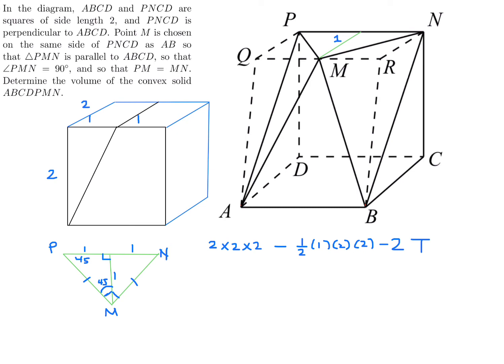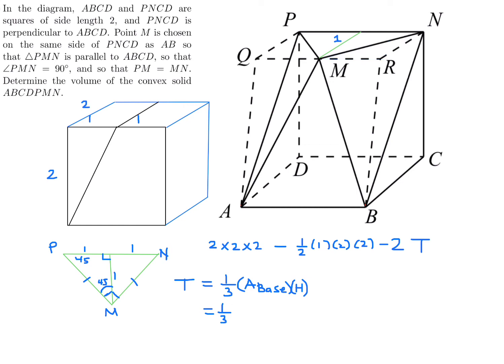The volume of each tetrahedron, if you remember the formula, is 1/3 times the area of the base times the height. Well, the base of each tetrahedron is right there.